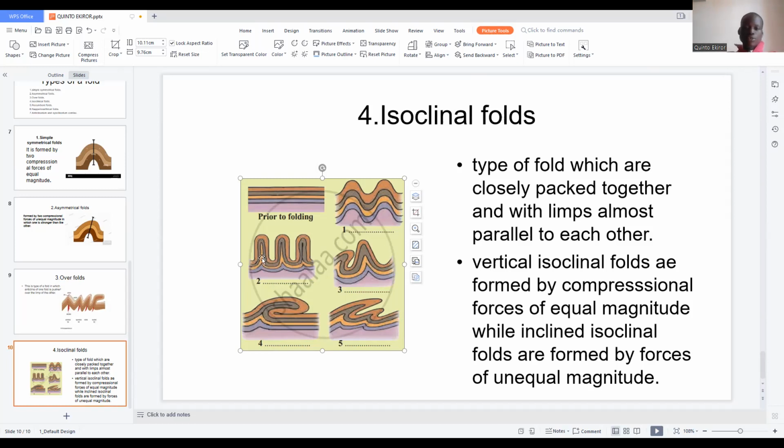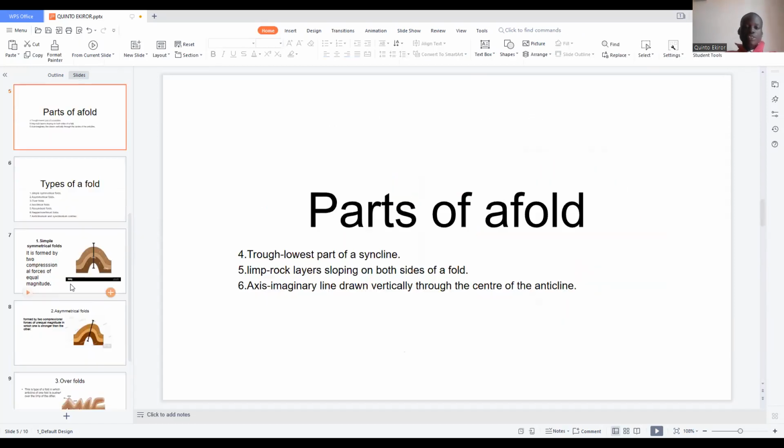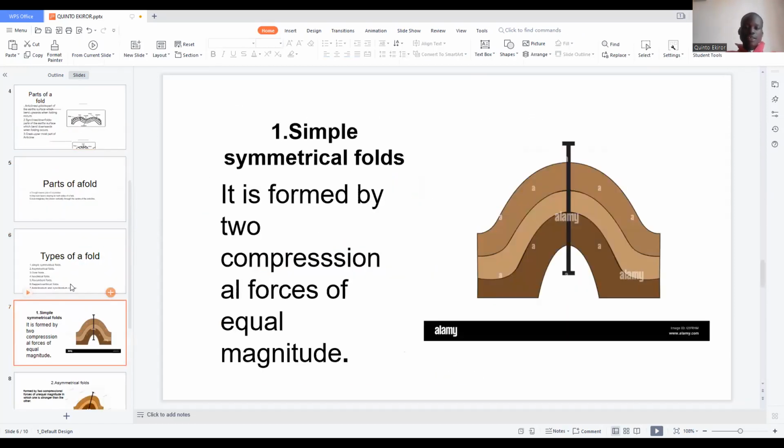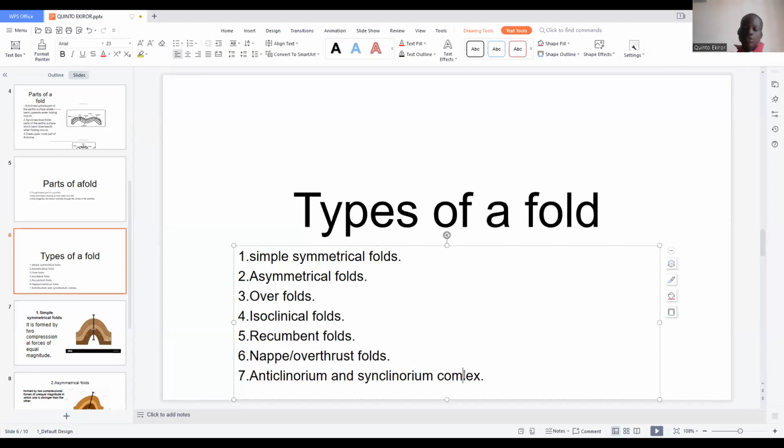Okay, if you have understood, students, the assignment for today is that I would like you to research these types of folds: recumbent folds, nappe folds, and anticlinal and synclinal complex folds.